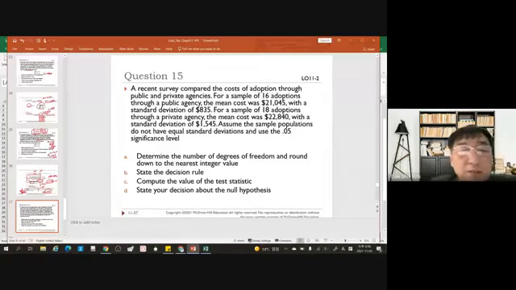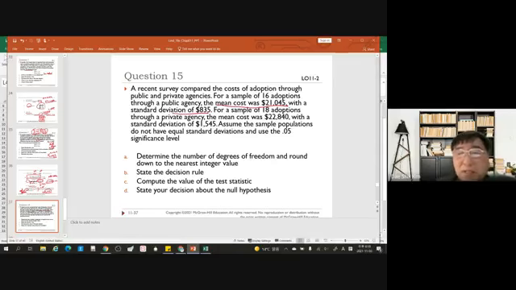Question 15. A recent survey compared the cost of adoption through public and private agencies. For example, 16 adoptions through public agencies, the mean is like that, and the standard deviation.